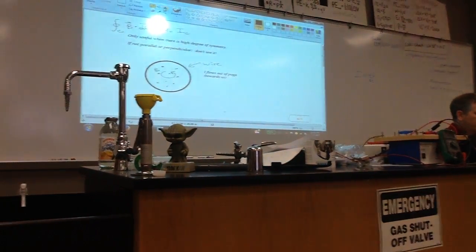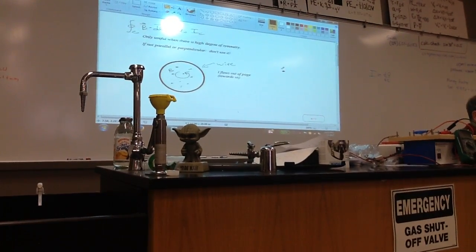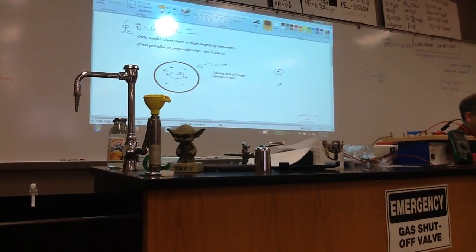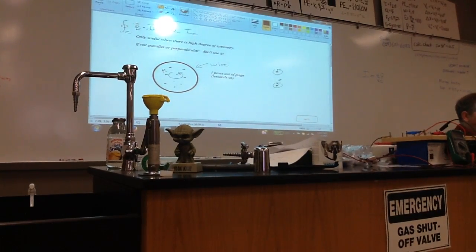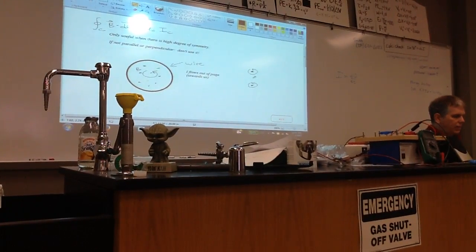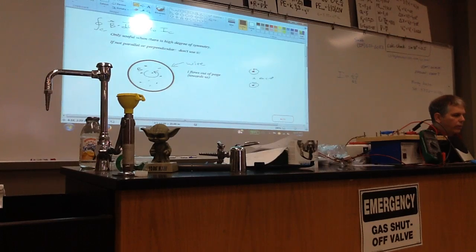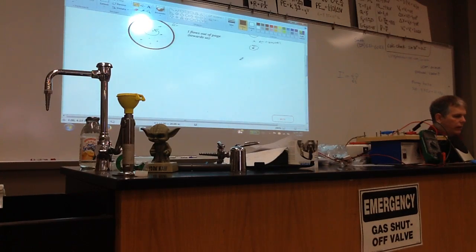If I did this, if I had two wires, at this point right here, they would cancel, wouldn't they? Yes. We all agree with that? Okay. What if I took a bunch of wires and I did this?